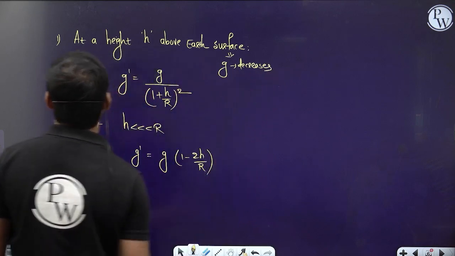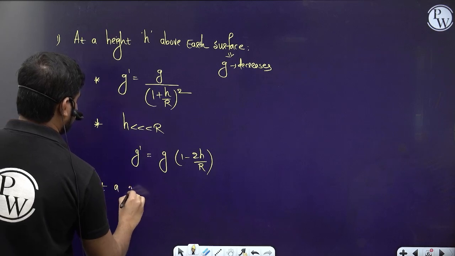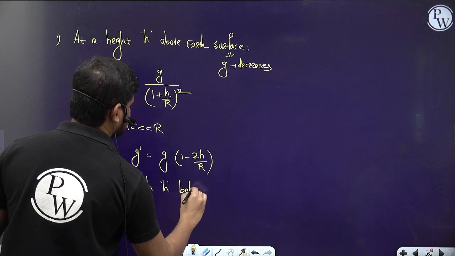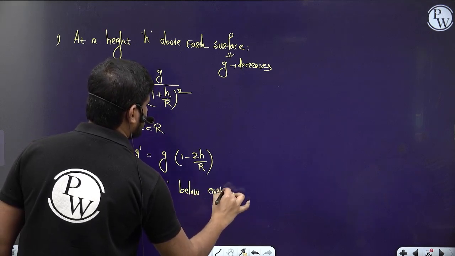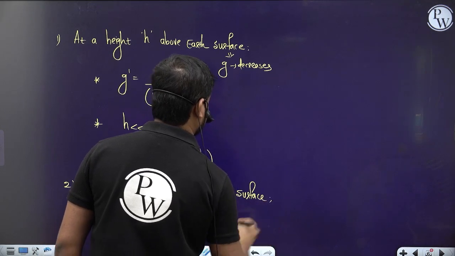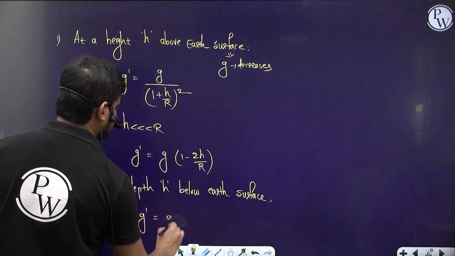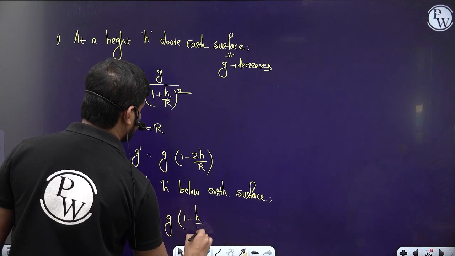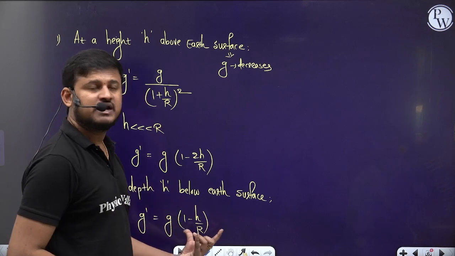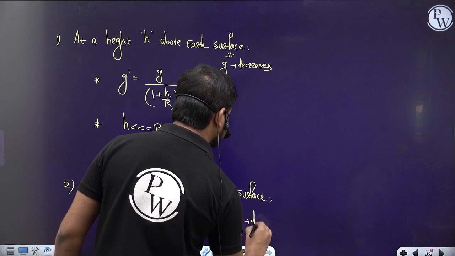And the second one, at a depth h below earth surface, g dash equals g into 1 minus h by r. So here also the g value decreases in this case as well.